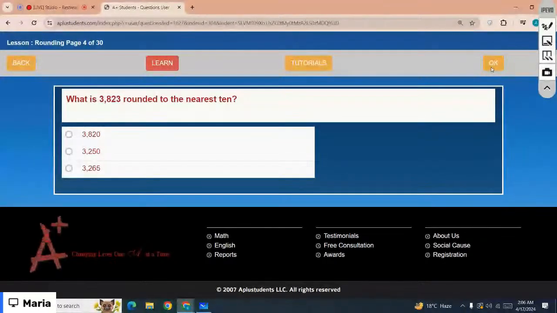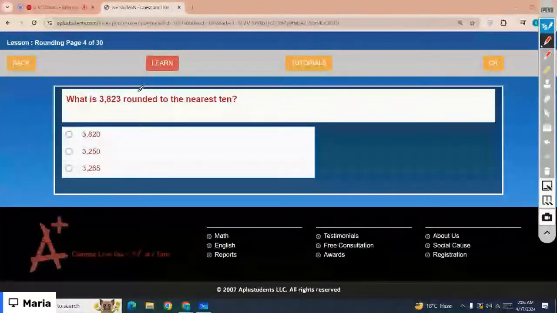You have to round the tens digit, right? So the tens digit is 2, and right next to 2 you have 3. That means you need to round on the same tens digit, right? Simply replace 3 with 0. Yes, the correct option is 3820. Very good. The correct option is option 1, that is 3820.